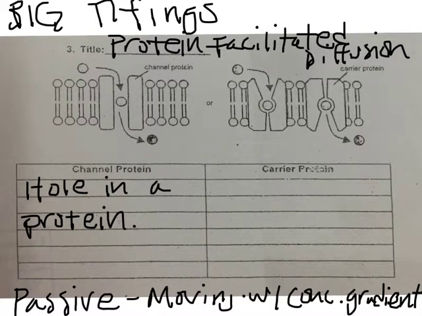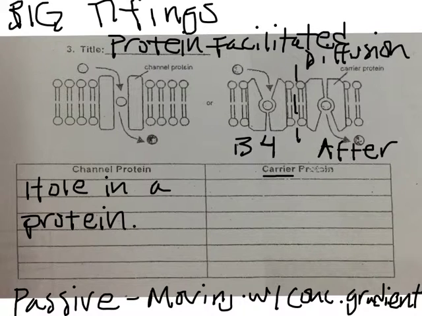Okay, now in the second picture that you're looking at, our protein is going to be called a carrier protein. What I'd like for you to do is kind of divide this picture in half like this. This is the before shot. This is the after. Okay, so before and after.